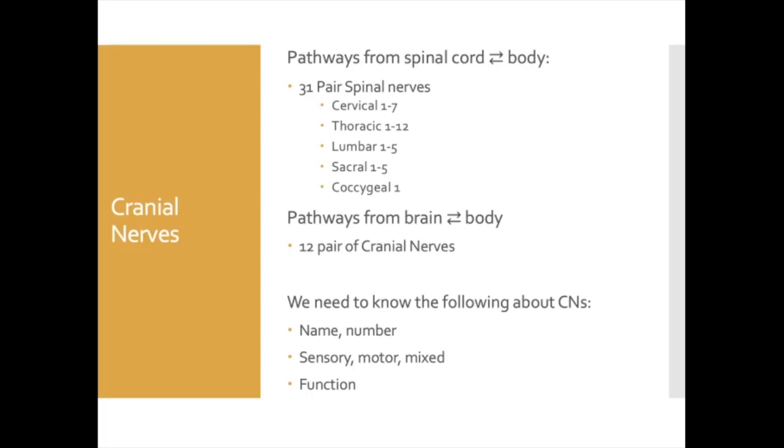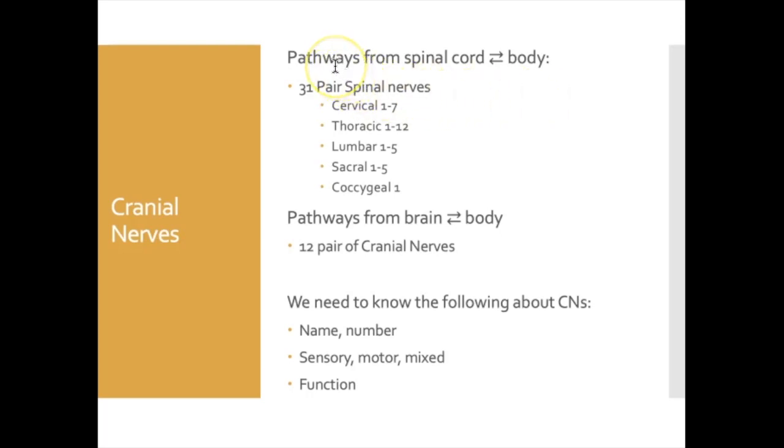And your central nervous system will send that response back out to the peripheral nervous system along efferent motor pathways to some effector tissue. This means that information is constantly traveling between the peripheral nervous system and the central nervous system, the spinal cord and the body, the brain and the body.